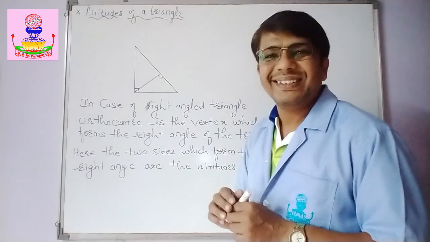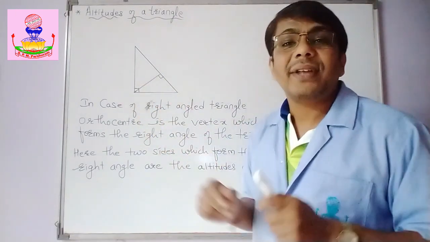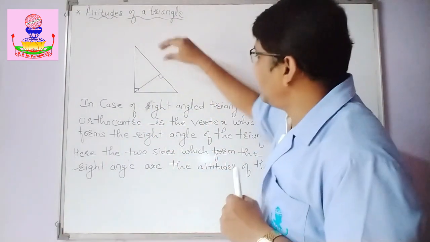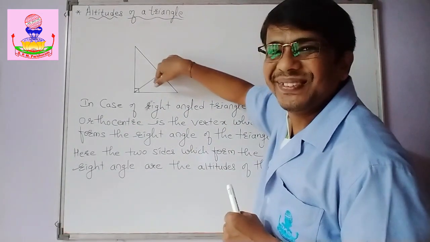So which are they? These are the two sides which form the right angle. So they are the altitudes.